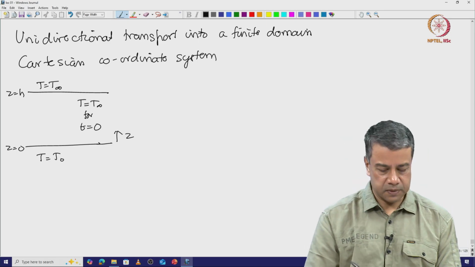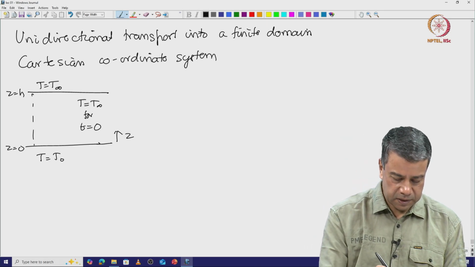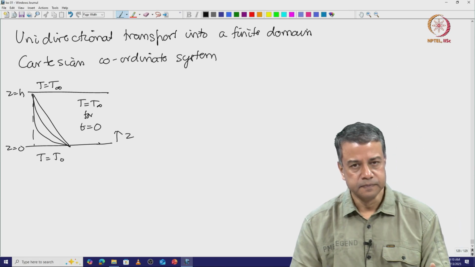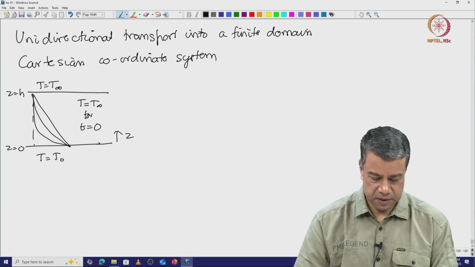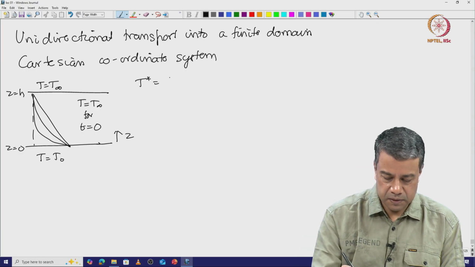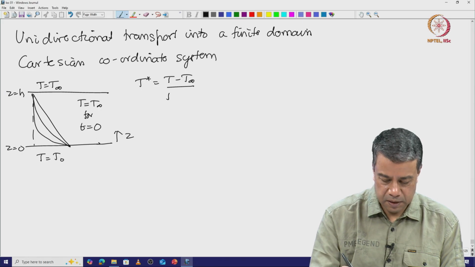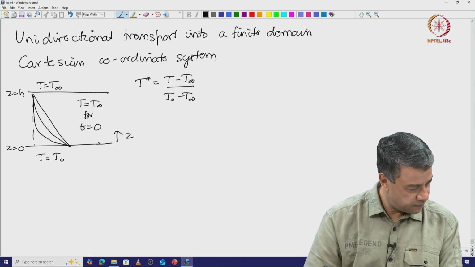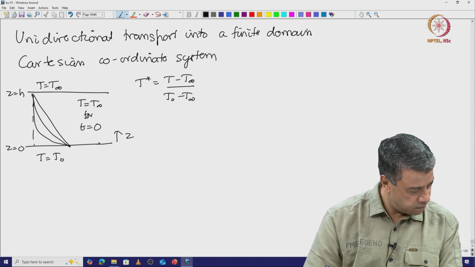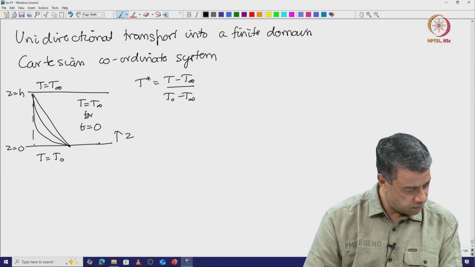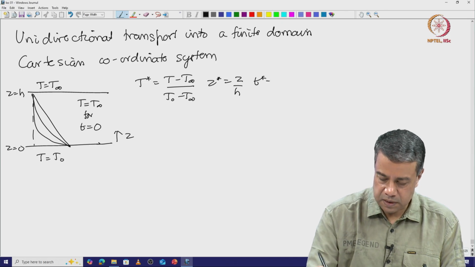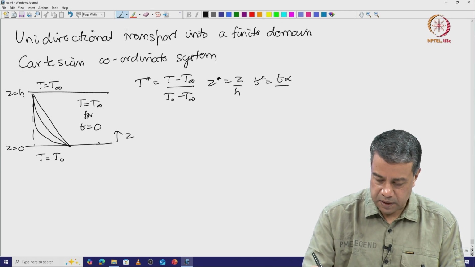At initial time the temperature was T infinity, and we found that the temperature field has a series of solutions as it approaches the steady temperature. Define T star is equal to T minus T infinity by T naught minus T infinity, and Z star is equal to Z by H, and the time is equal to t alpha by H square.